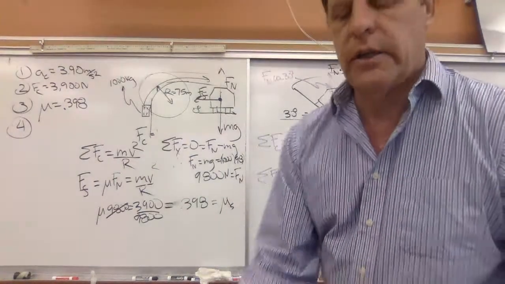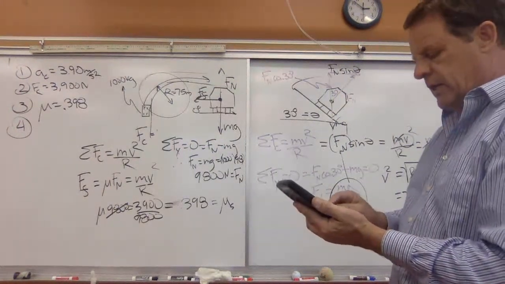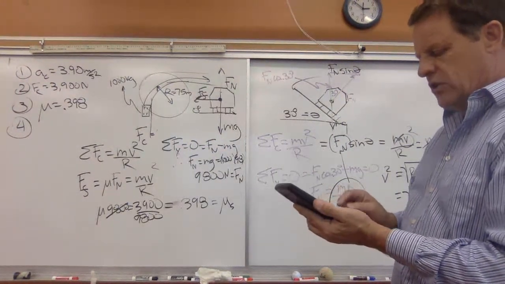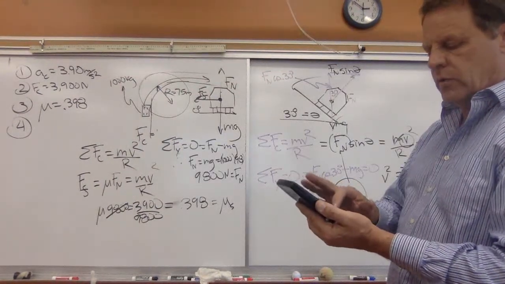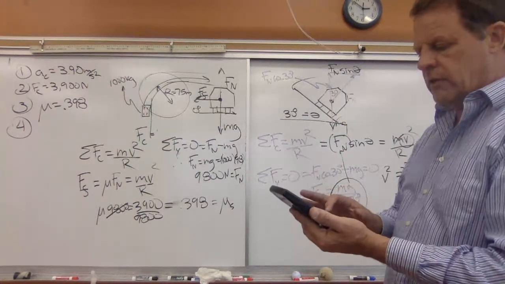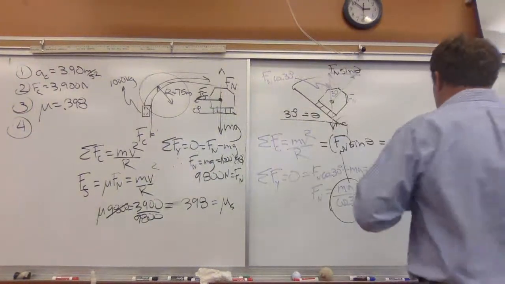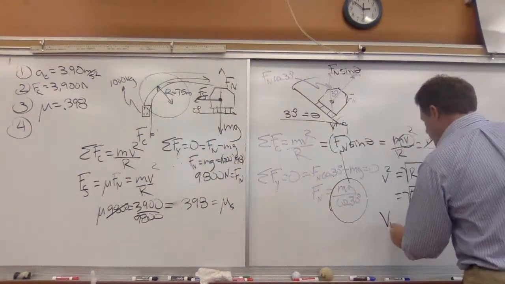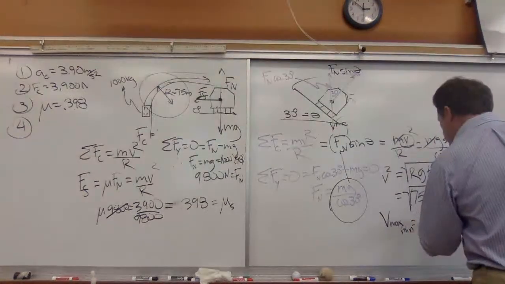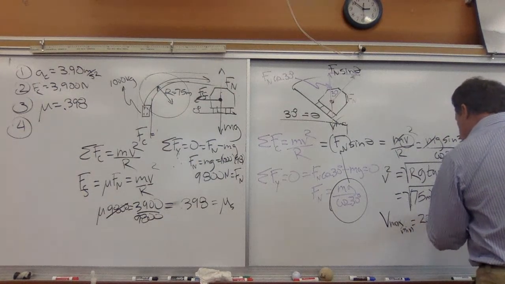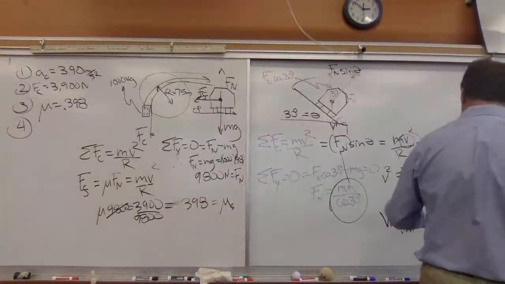We're going to let our calculator now do the work here. So 75 times 9.8 times the tangent of 30 degrees. That's equal to 424. We want the square root of that answer, and we're going to get 20.6. So our velocity, which is both our max and our minimum, is going to be 20.6 meters per second.